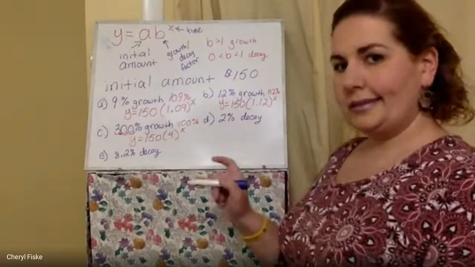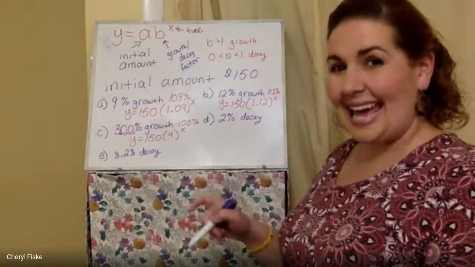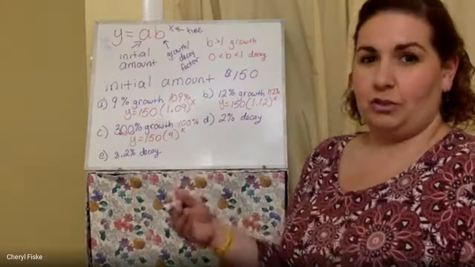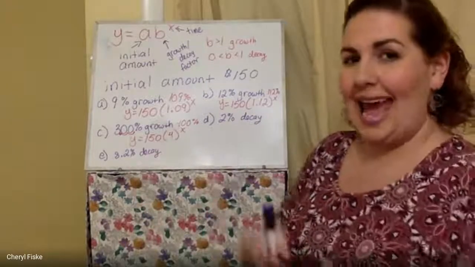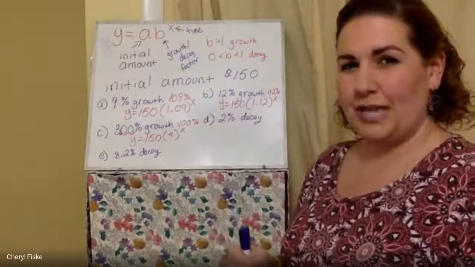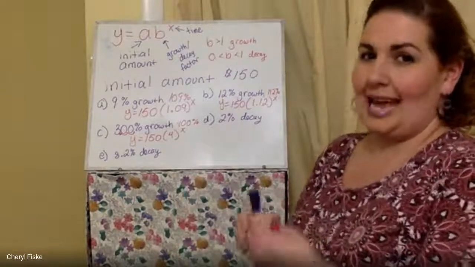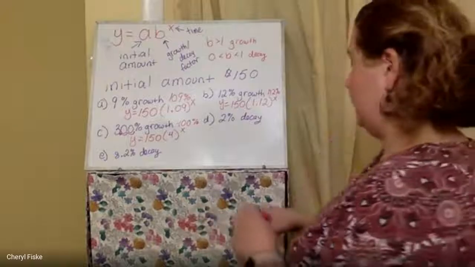Well, now it's a little interesting because it's a 2% decay. So now I'm not adding to 100%. I don't get to keep my 100% and then add to it. I'm going down from my 100%.